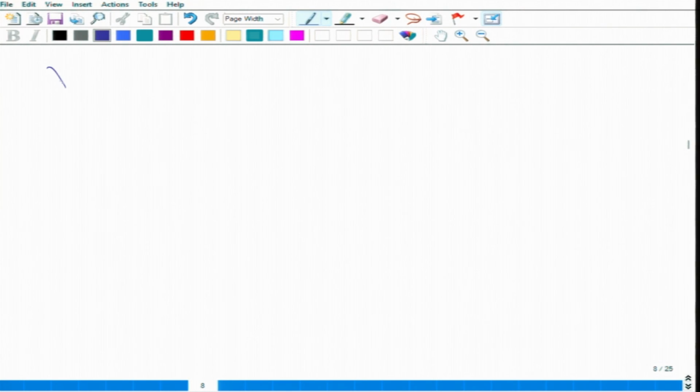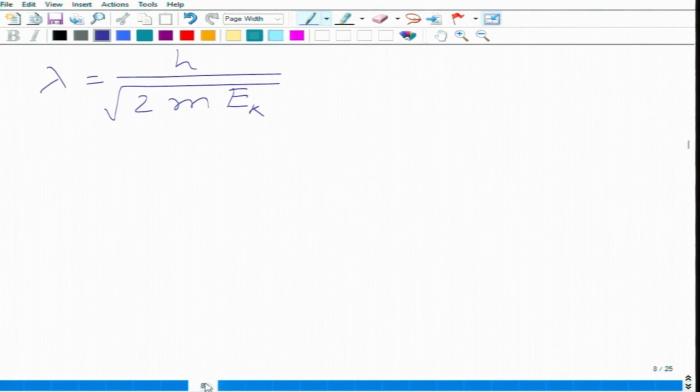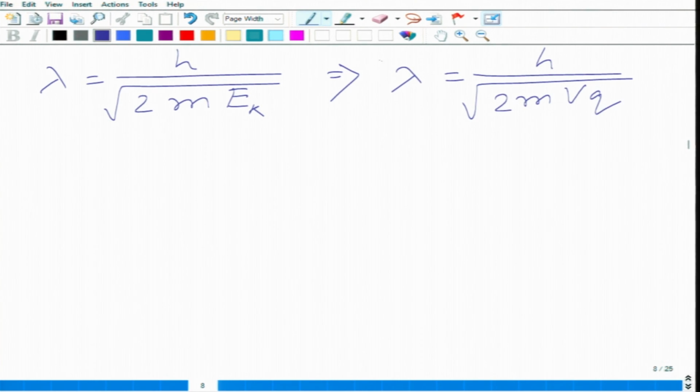Now we know lambda is equal to h by root over 2m Ek. And what is Ek? This is V into Q. So, we can write lambda is equal to h by root over 2m VQ. This is the relation between wavelength and potential difference.